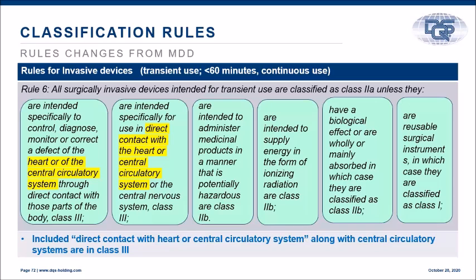In terms of invasive devices, there is a clarification which has been brought in. Devices in contact with the heart or central circulatory system have been put together, and all those products have been put under class 3.